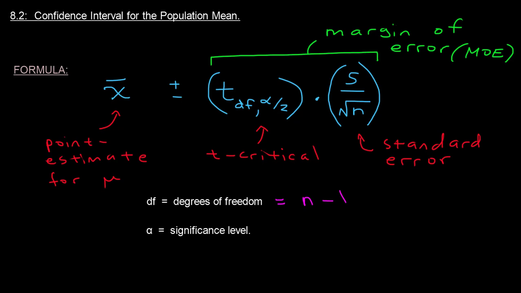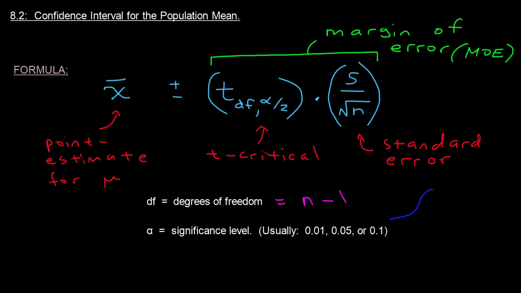This is called the significance level. The significance level is usually a small number because it's an area in the far tails of a distribution. So alpha is usually a number like 0.01, 0.05, or 0.10.